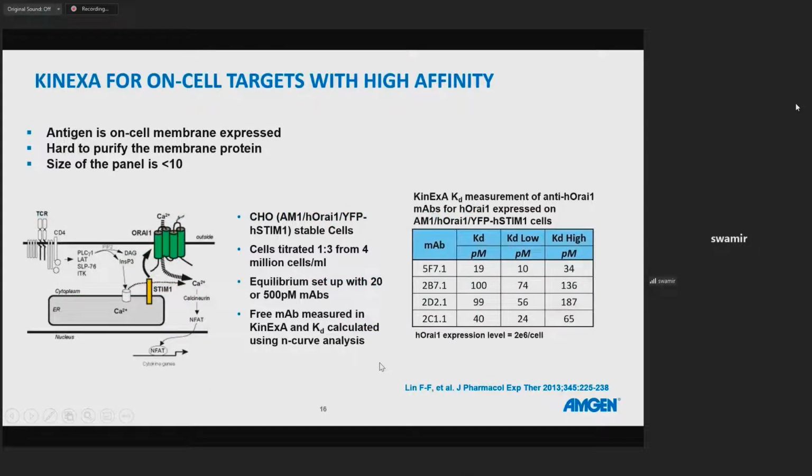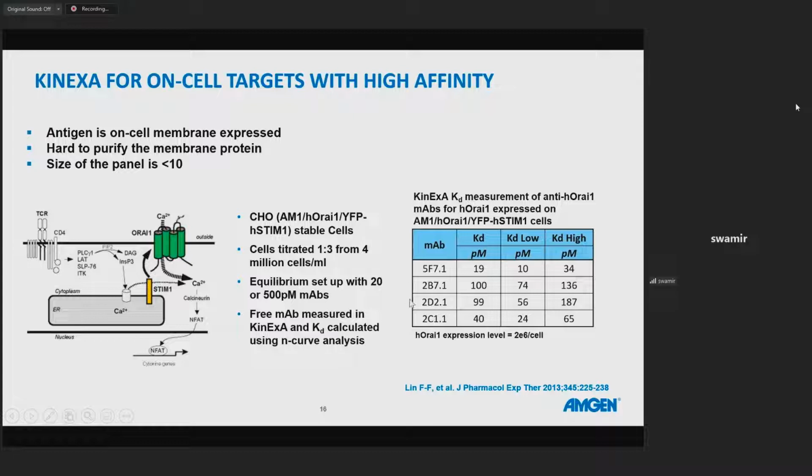For on-cell targets, it is the KinExA method we use for very high affinity measurements. Here we need not purify the target. We equilibrate cells, titrating cells with a constant amount of antibody, and at equilibrium we separate the free form and the bound form by centrifugation, and then use KinExA to measure the free antibody concentration.